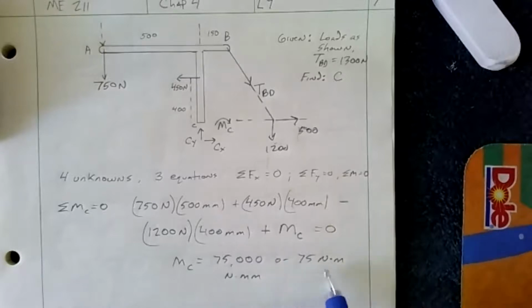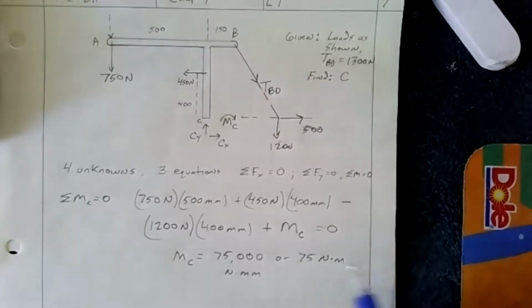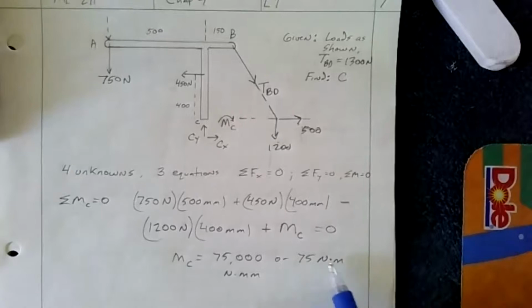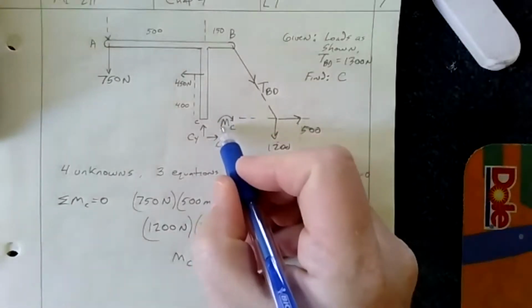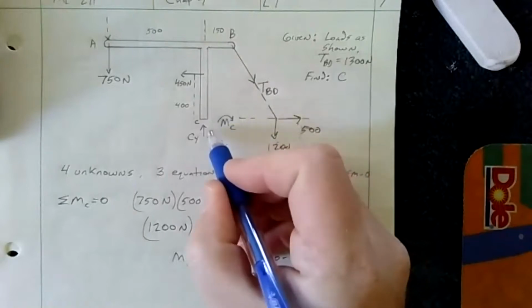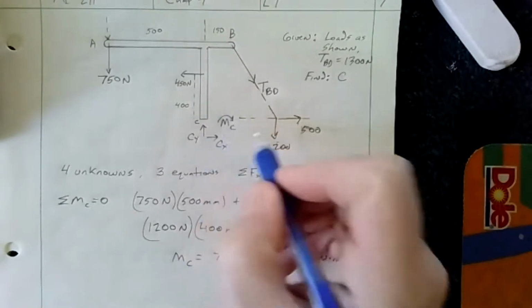That's important to distinguish, because if the question is whether it's counterclockwise or clockwise, you want to know that. And by default, because it says 75 Newton meters and there's no negative in front, it means it's counterclockwise. Now, don't be confused by the fact that when we write moment, we put an arrow over it. That's just indicating rotation. That has nothing to do with sign.